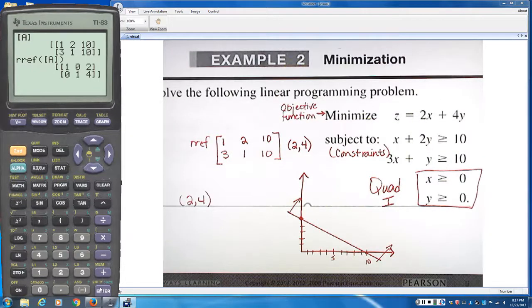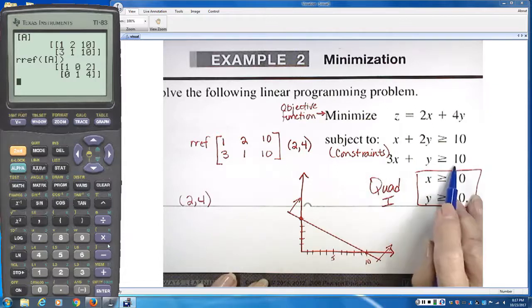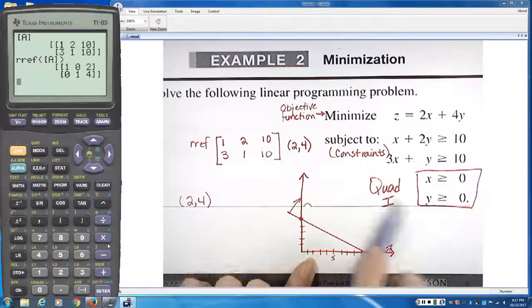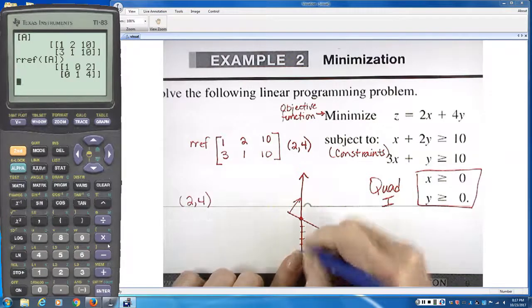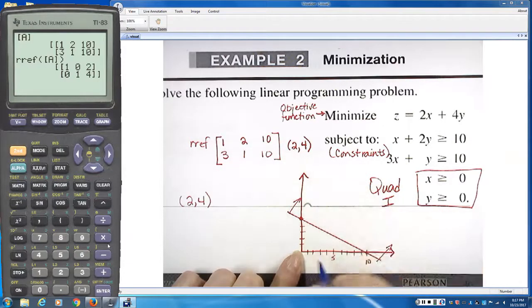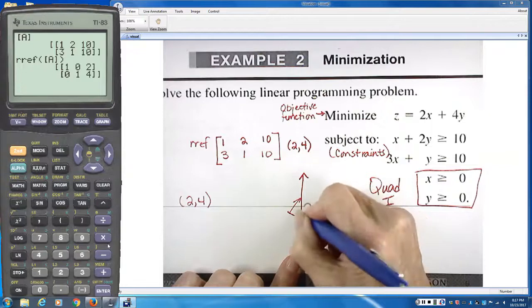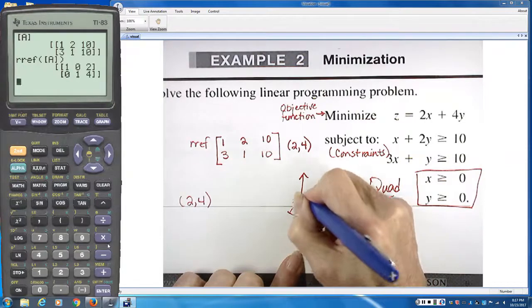So then I move on to the next constraint. 3x plus y is equal to or greater than 10. If x is 0, y is 10. Let's see, that's 5, 6, 7, 8, 9, 10.